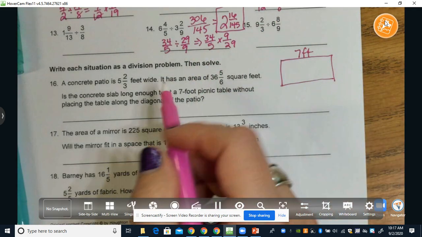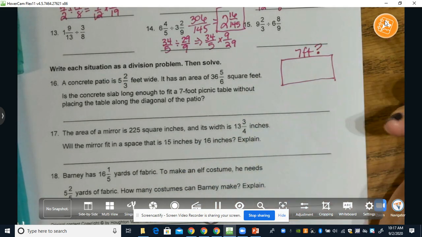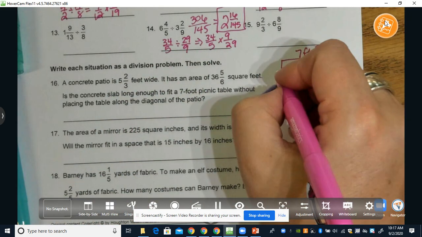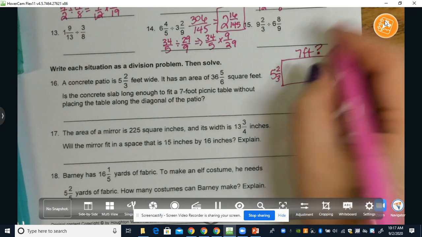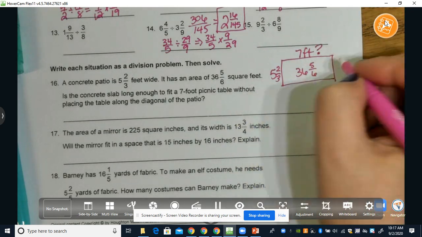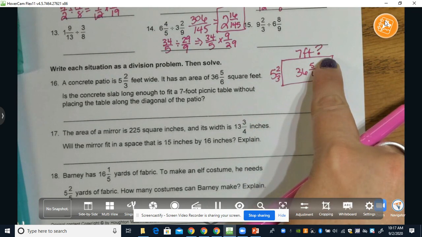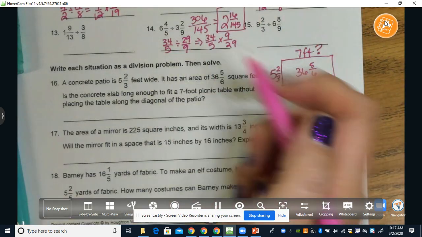So that's my question, can 7 feet work? I have my information, so this is 5 2/3 feet wide, and this has an area of 36 5/6 square feet. So I need to figure out, could this be 7? I mean, could I fit a 7-foot table from here to here? Let's look.